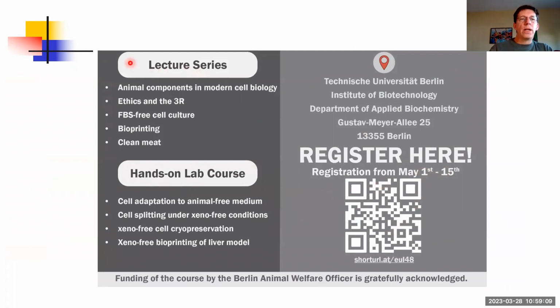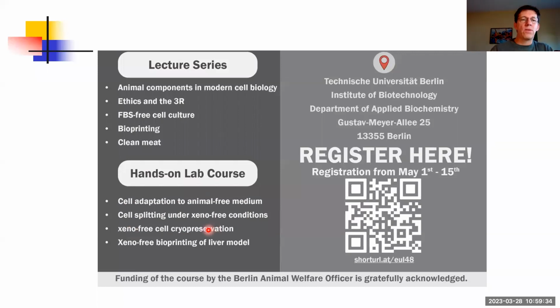What will we have? We'll have a lecture series on different talks on this topic, but we'll also have a hands-on lab course. So this is why we unfortunately only have 10 places in the course. So we will teach you how to adapt cell lines to animal-free conditions, how to do the cell splitting under xeno-free conditions, xeno-free cryopreservation.